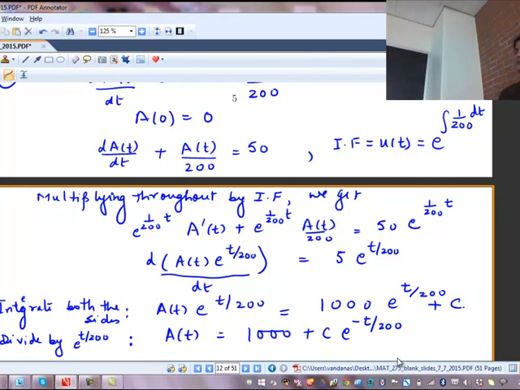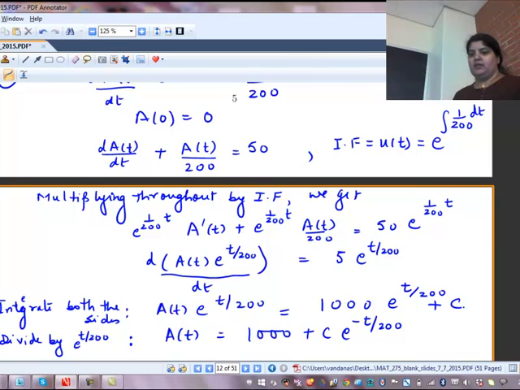So you get this. This is the amount of salt in the tank at time t. Since A(0) is 0, what will be the value of C? C has to be negative 1000.